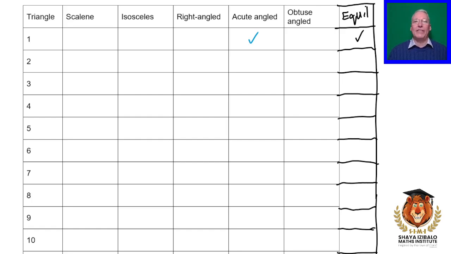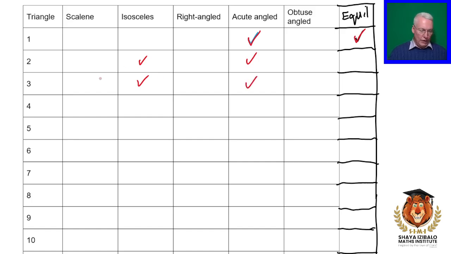Okay, I see that there actually should be a column for equilateral triangles, and I hope you've got the column in your workbook. So number 1 was acute angled and equilateral. Number 2 is isosceles and acute angled. Number 3 is also isosceles and acute angled.